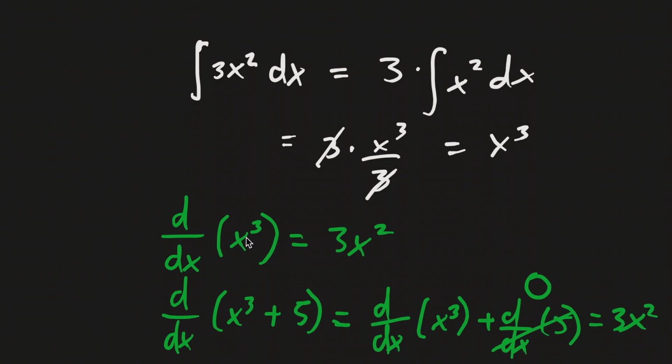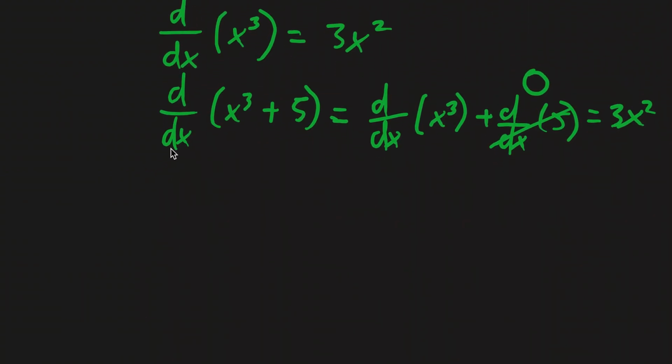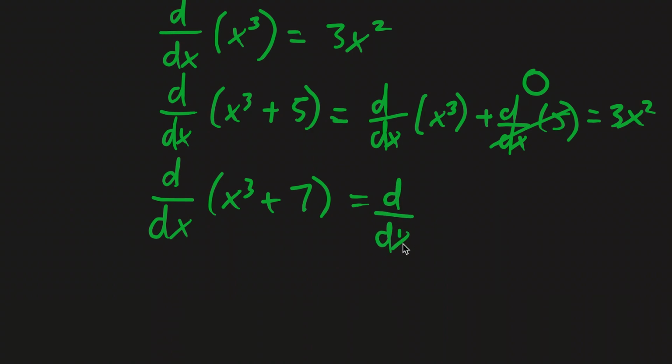So which one is it? Is it x to the third power or x to the third power plus 5? Well, speaking of this, we can do one more. Let me scroll down a little bit. We can actually do infinitely more examples like this. If we found the derivative of x to the third power plus 7, this would be equal to, again, the sum rule, d by dx of x to the third power plus d by dx of 7.